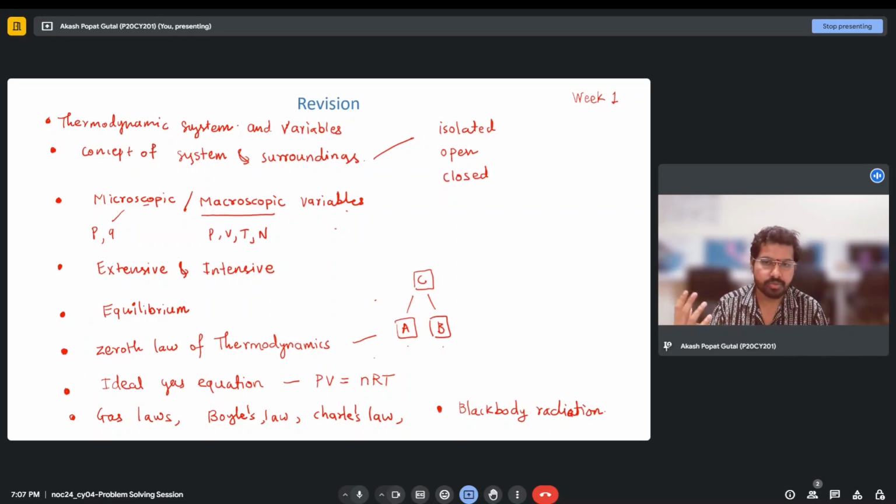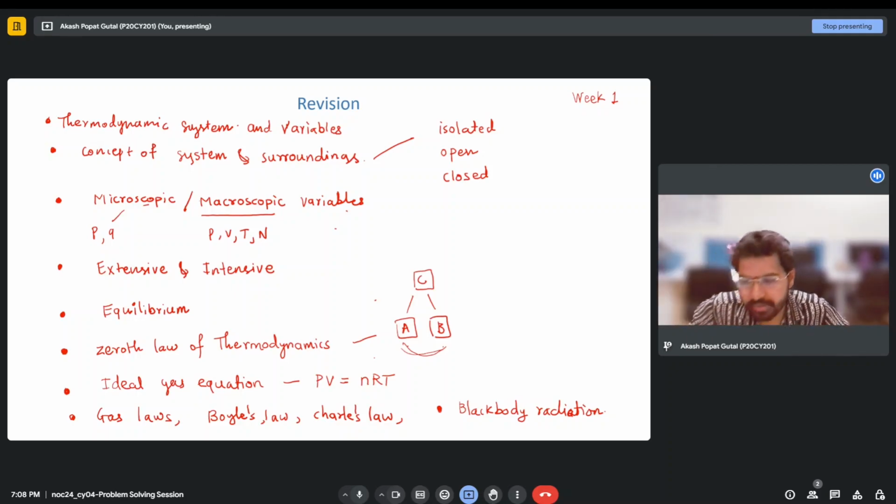The zeroth law is the most fundamental law in thermodynamics: suppose system A is in thermal equilibrium with system C, and system B is also in thermal equilibrium with system C. Then A and B are also in thermal equilibrium. So this is the zeroth law of thermodynamics.